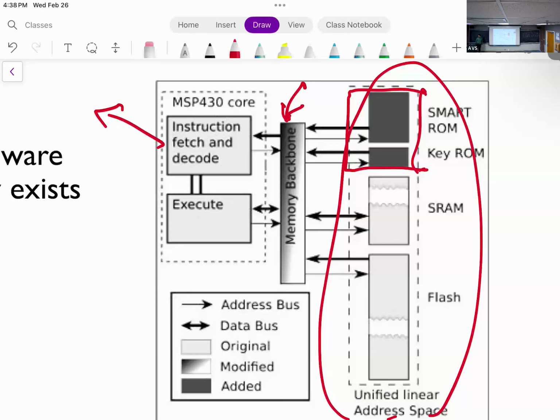The second thing you need to make sure is that only the attestation code can read the attestation key. So you check the PC, or check the code, and make sure that whoever tries to read the address where the key is stored is blocked unless that code belongs to the attestation code. This way we make sure that the key is always secure. Make sense?